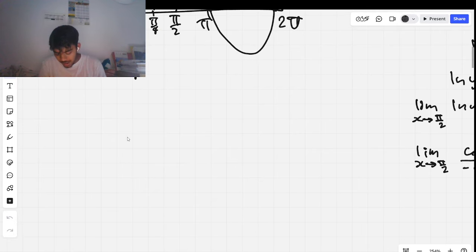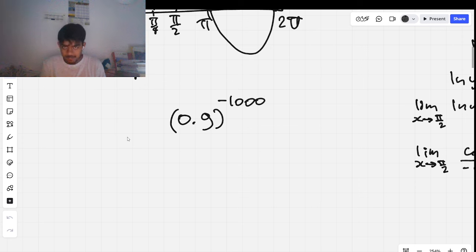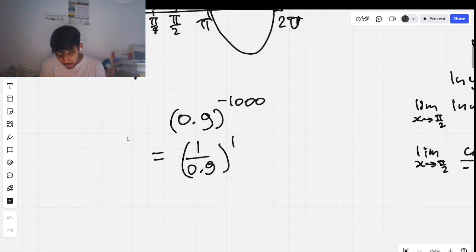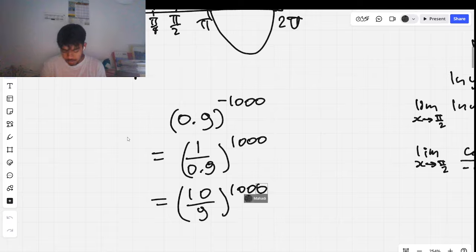So let's say I have 0.9 and I raise it to the power of a very large negative number. This is going to be 1 over 0.9 to the 1000, which I assume is going to be more than 1.